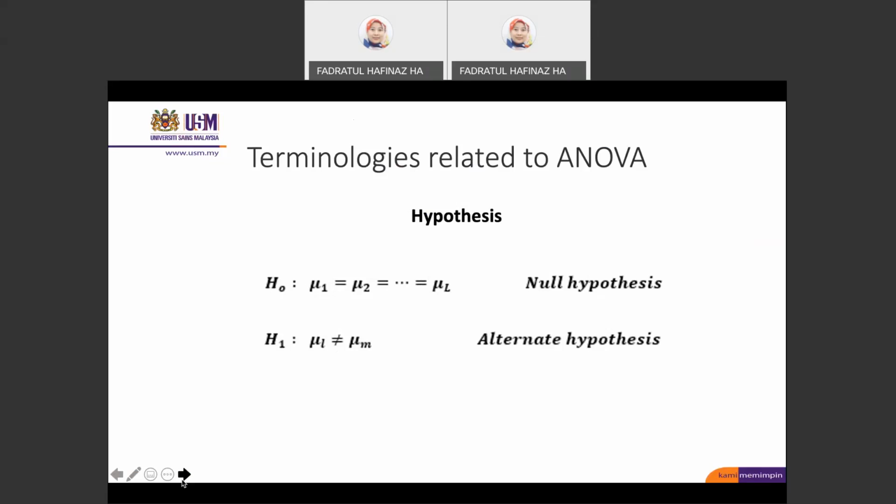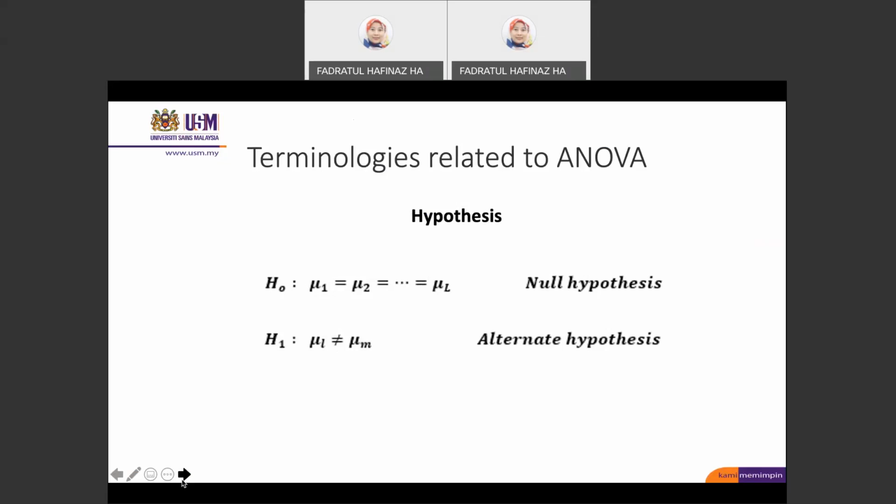In mathematical form, they can be represented where mu1 until mu L belong to any two sample means out of all the samples considered for the test. In other words, the null hypothesis states that all the sample means are equal, or the factor did not have any significant effect on the result.